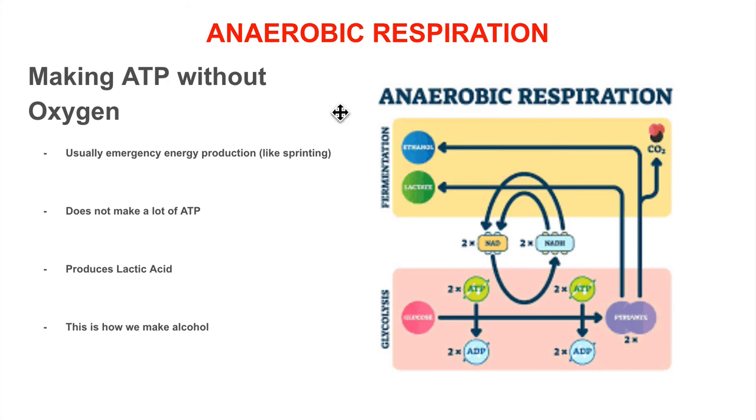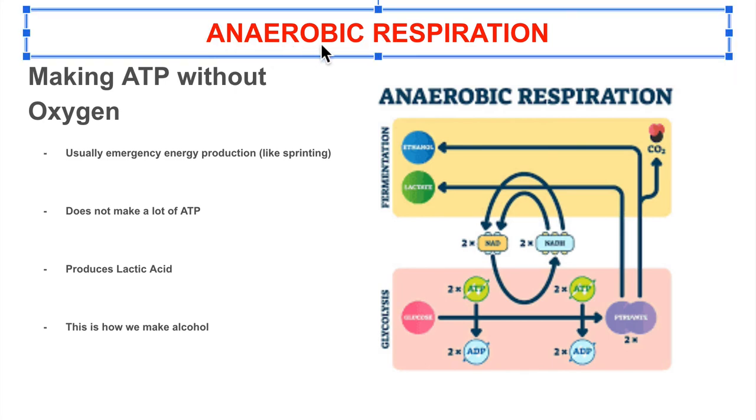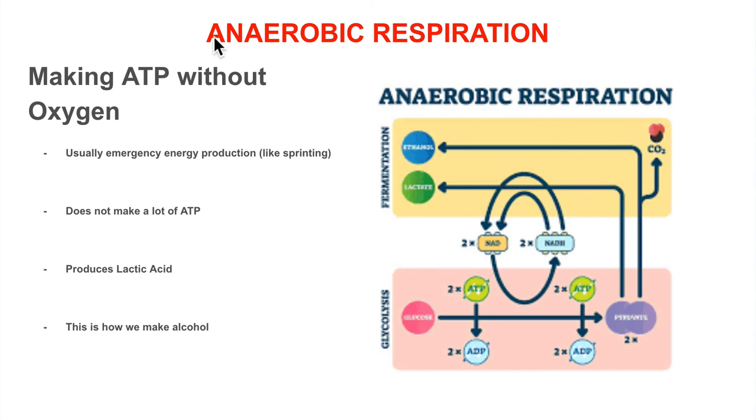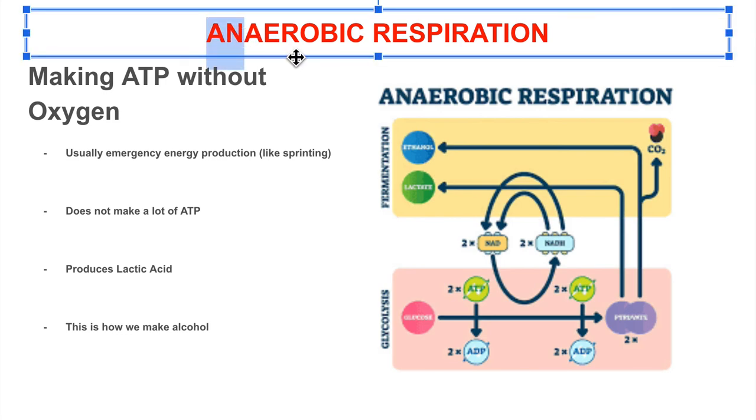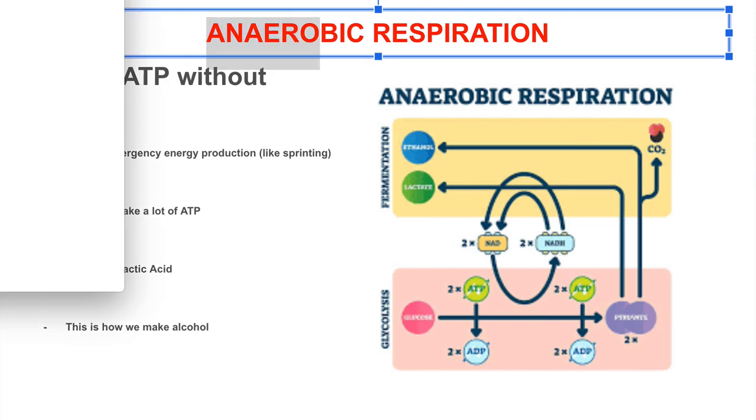Or maybe when you're lifting weights, and you feel that burning in your muscles. Or when you're coming up the stairs, your legs will start burning. Well, what happened is your cells ran out of oxygen, they stopped doing aerobic respiration, and they're now doing anaerobic respiration. And remember from your vocab, a or an means without. Aero is going to be oxygen or air, so this is going to be without oxygen.